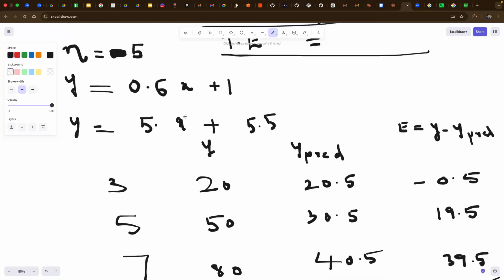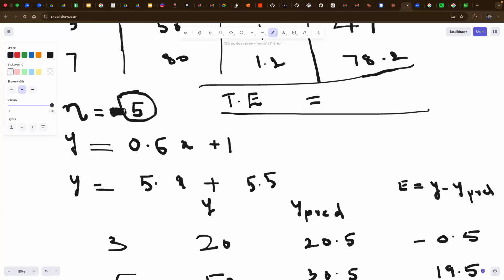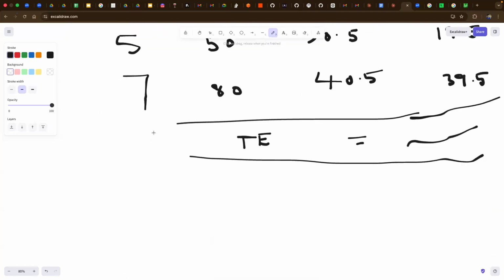But the thing here is, how did I come up with this value? Or else, how do we iterate over it? How long will you iterate? The answer is simple: till you reach some minimum total error value.